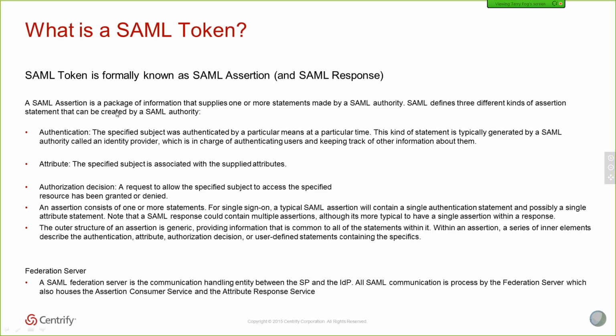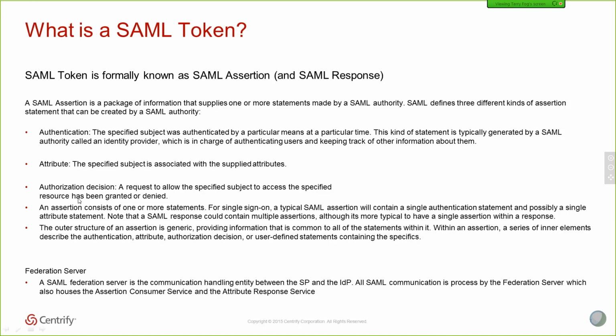It is a package of information that supplies one or more statements made by a SAML authority, so that contains the authentication information. The most important part here is the name ID, as well as other information like name ID format, which you have seen. Attributes: some service providers use attributes, many others do not.